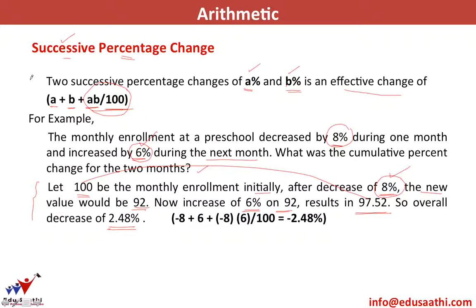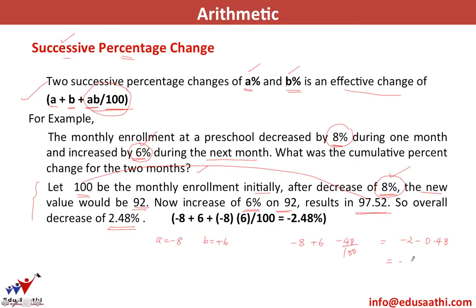However, if you remember the formula, you can skip all these steps and just do: A is minus 8 because it is a decrement. B is plus 6. So this will be A plus B plus AB by 100. Now one is minus and another is plus. So this will give you an answer of minus 2 minus 0.48.